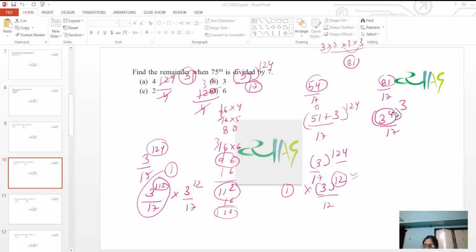When I divide 81 by 17, I will get minus 4 as remainder, because 17 into 5 is 85. So I got minus 4 as remainder. So minus 4 cubed, divided by 17.